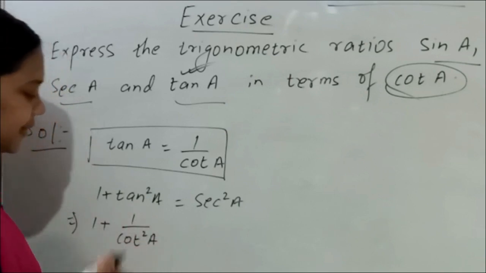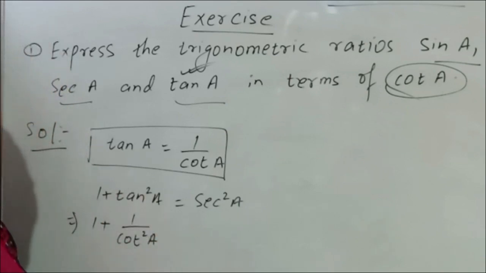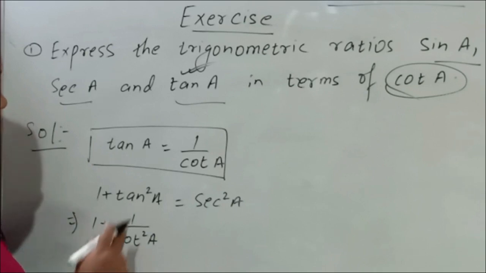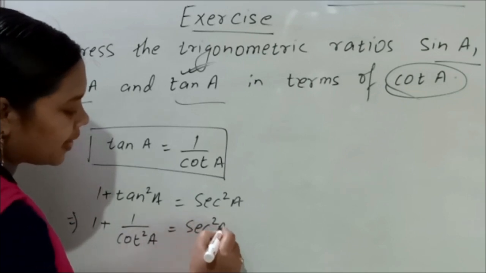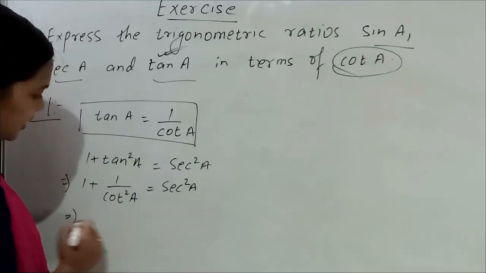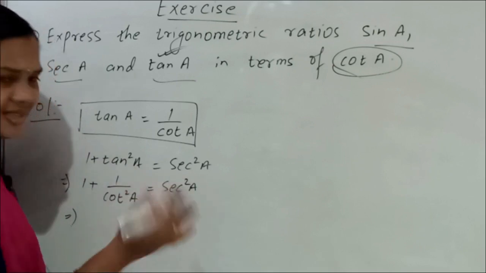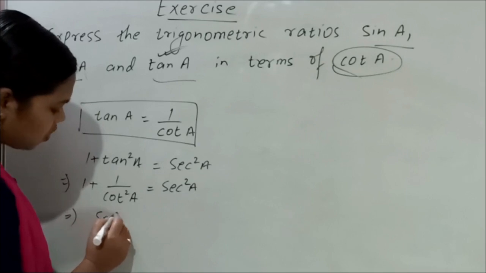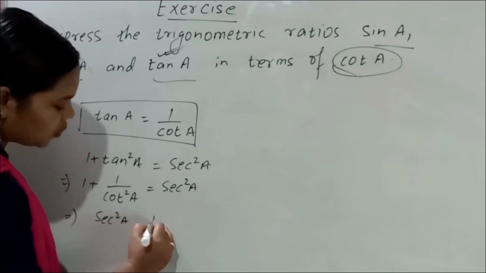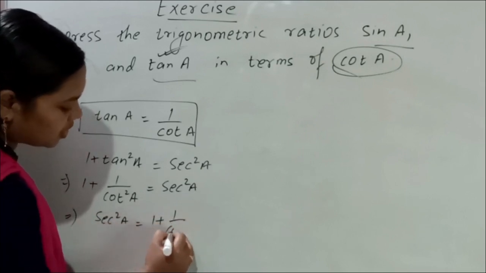Yes or no? Tan and cot are reciprocal of each other. So tan square A is equal to 1 by cot square A. We can write 1 plus 1 by cot square A is equal to sec square A. Then just change left side to right side, sec square A equal to 1 plus 1 by cot square A.